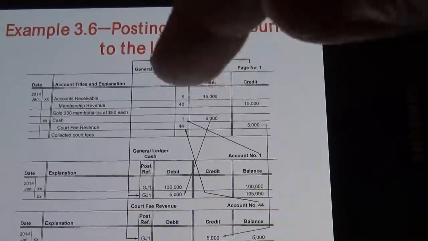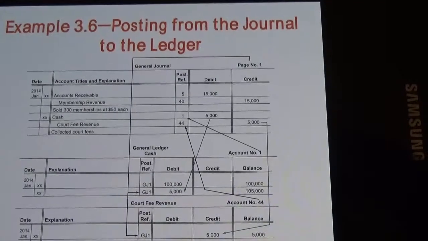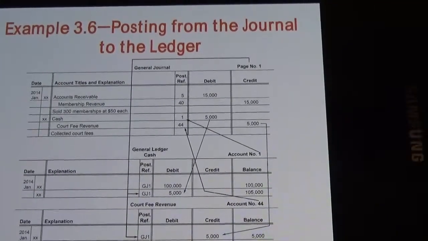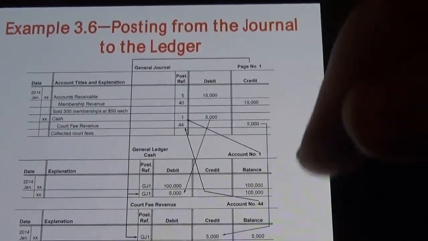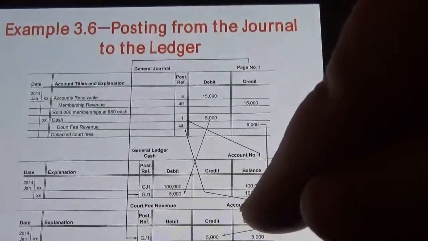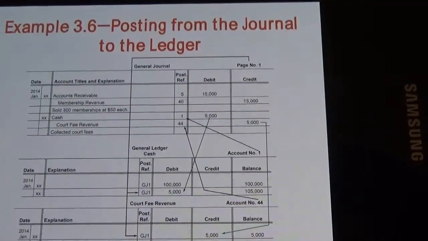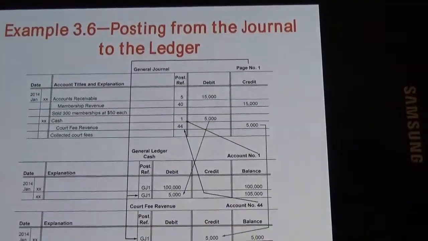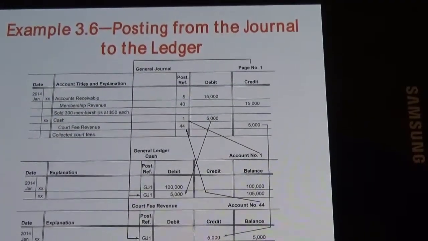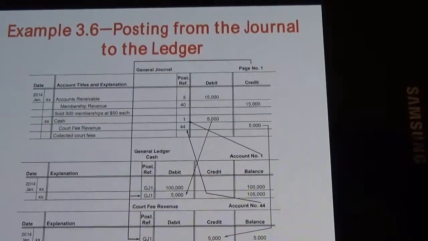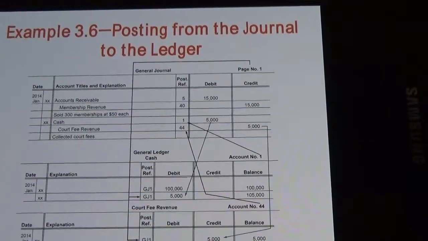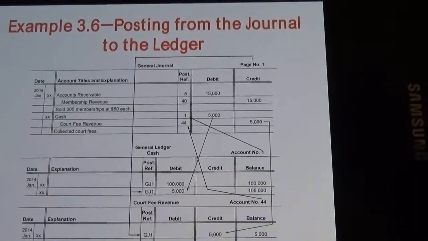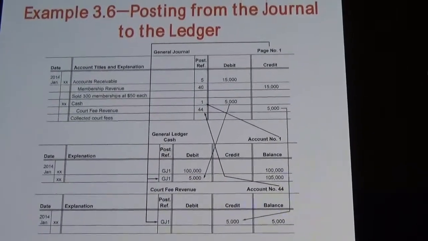For the court fee revenue, on the other hand, we're posting that as a credit to account number 44, which is our court fee revenue account. And that's why we put the 44 in the posting reference column in the journal. So that's how the mechanics of making the journal entries and posting them to the ledger work.